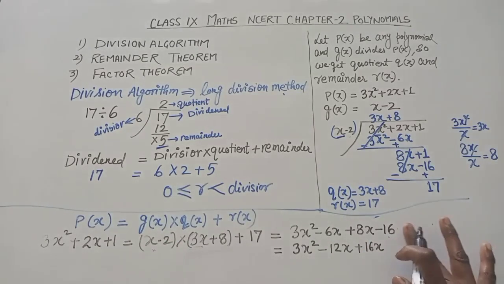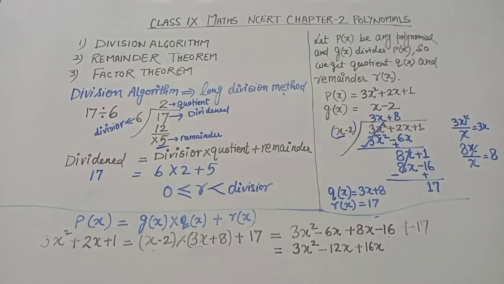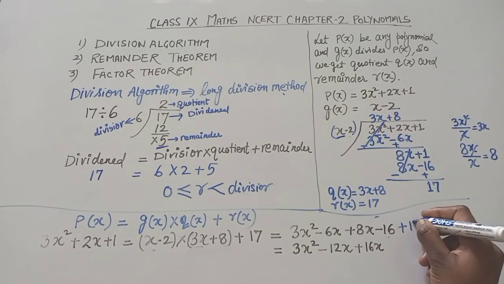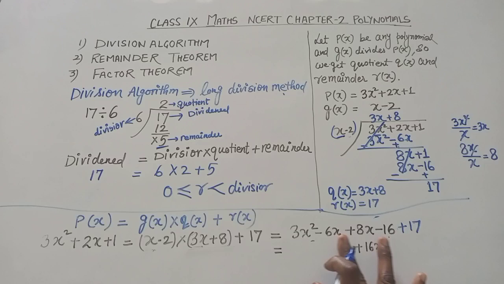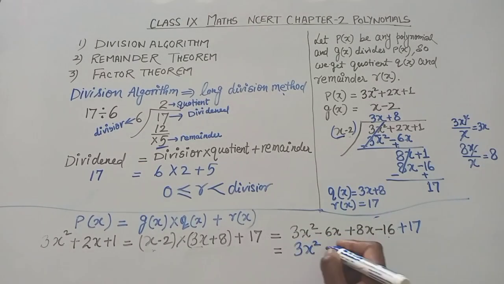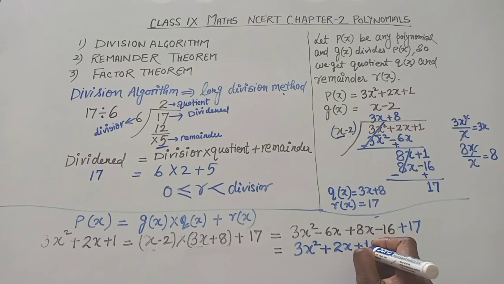Okay, so minus 16 and this is plus 17. So again come to this point, so 3x square plus 2x plus 1. Let's see, this one and this one is the same one.